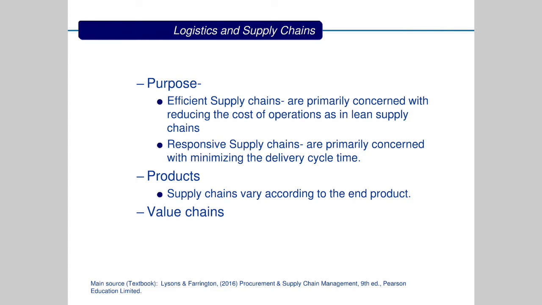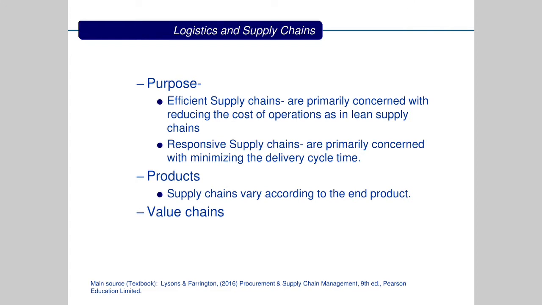Like in medical health, when you are supplying a heart from one hospital to other hospitals for transplantation. That means you don't need efficient supply chains, but you need responsive supply chains because time is very critical for them, not the cost only.